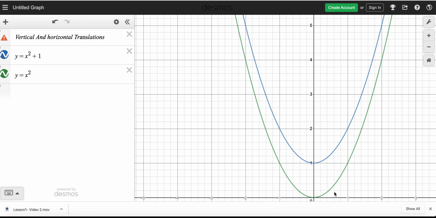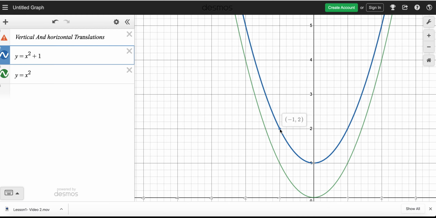Let's look at our basic curve, the original one, y equals x squared. That was my basic curve. You see this point here, negative 1, 1. Okay, let's zoom in on it. That's negative 1, 1. Now, it moved up by 1 unit, 1 square. So if you look at the x value, it's still negative 1, the x coordinate.